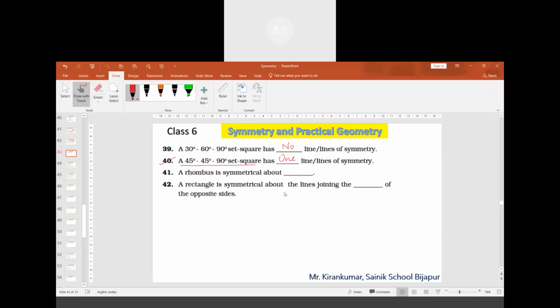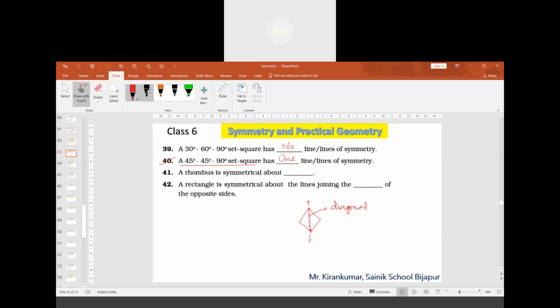A rhombus is symmetrical about... You should know this is a rhombus. If you observe this, this will be the line of symmetry. This line joining these two opposite vertices is called a diagonal.